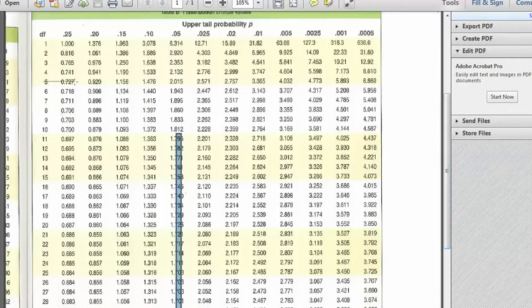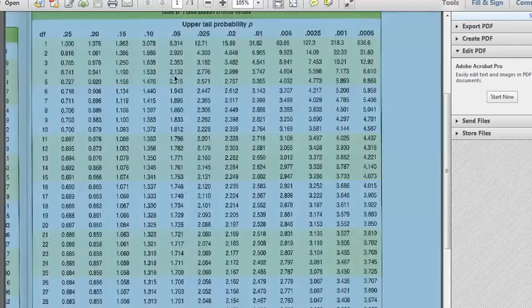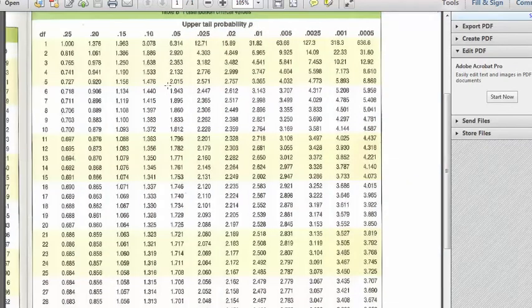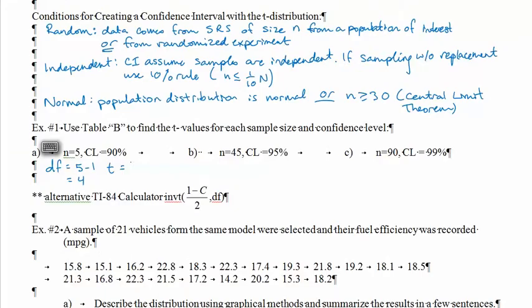We're looking for 4 degrees of freedom, 2.132, right there. So 2.132.